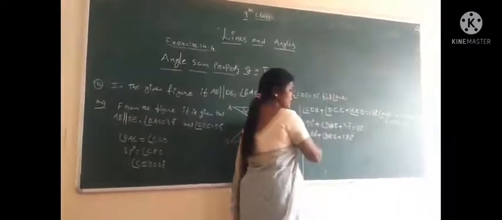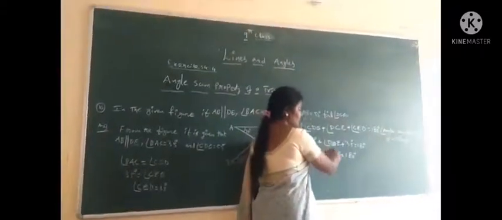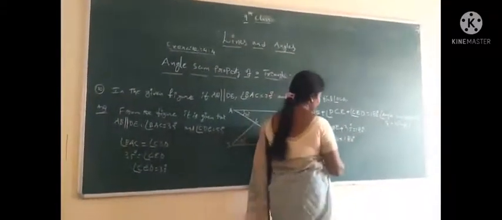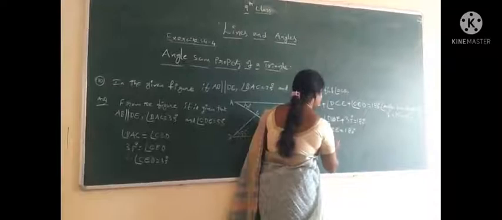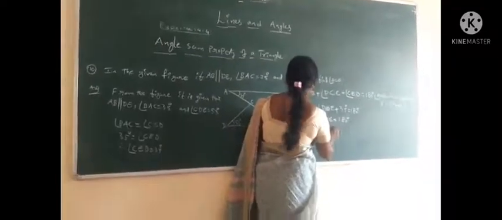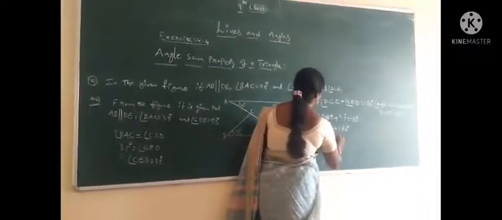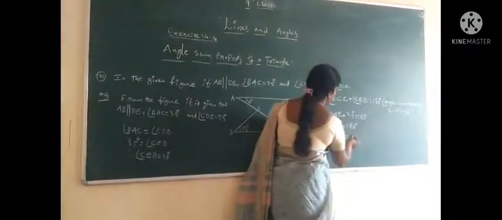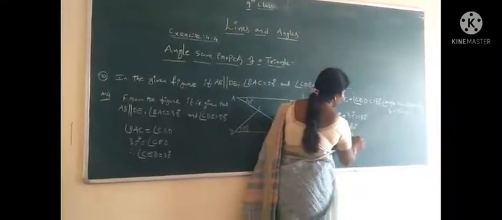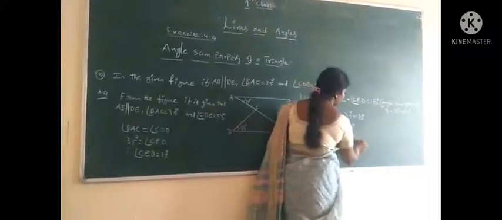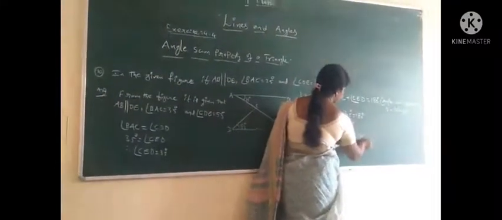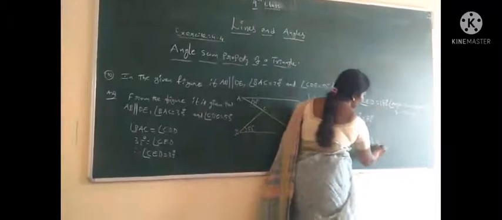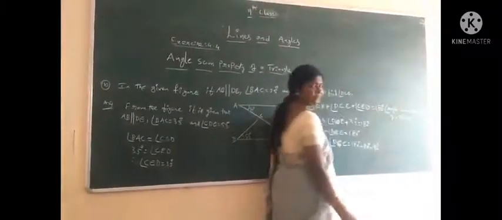88 degrees, go to the other side, is minus 88 degrees. So angle BCE is equal to 180 degrees minus 88 degrees, is equal to 92 degrees.